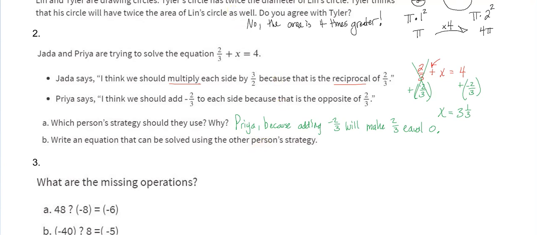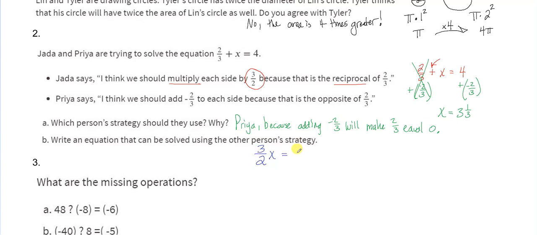Ooh. So this is a challenge, a way to think about Jada's strategy to make it work. Well, since multiplying by the reciprocal is the inverse of multiplying by the original number, we could just take the original number, which in this case is 3/2, and use that as a coefficient to a problem. And we can just make up any number on the other side.